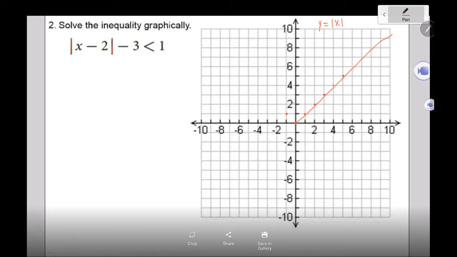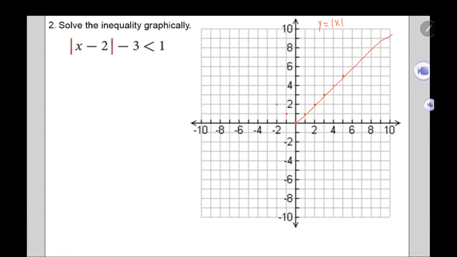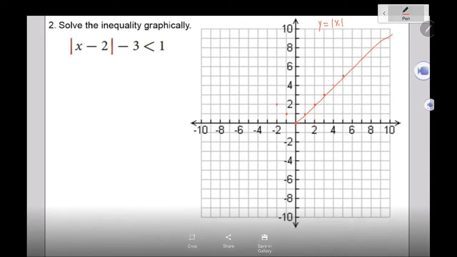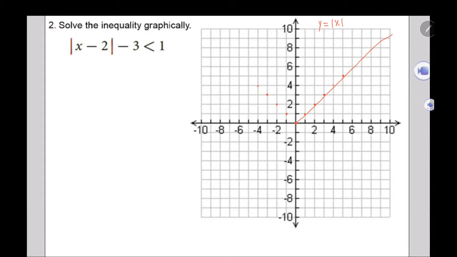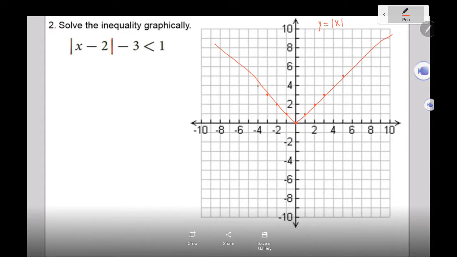The absolute value has to be positive. So when x is negative 2, y is positive 2. When x is negative 3, y is positive 3. The absolute value won't let it be negative. So we end up with this V-shaped graph. If I could have kept that straight, I would have liked that better, but no matter.